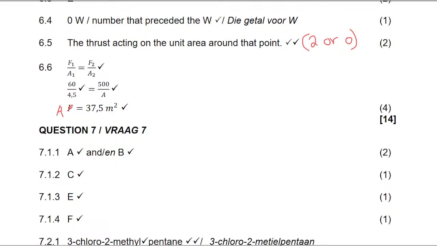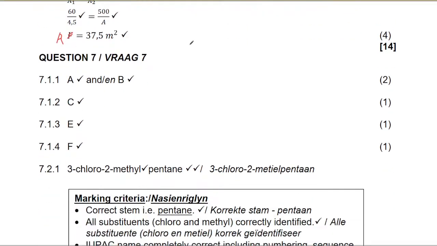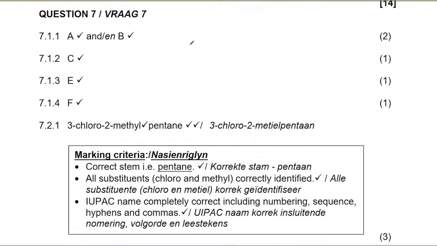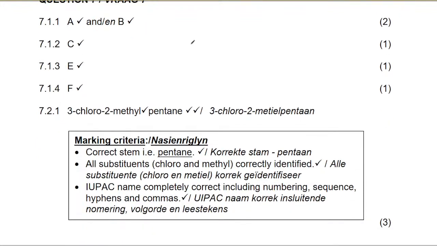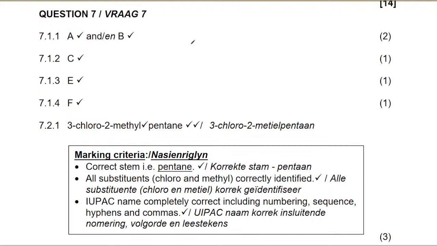From question 7, now we are looking into organic chemistry. The letters A to F below represent 6 organic compounds. Use the information in the table to answer the questions that follow.